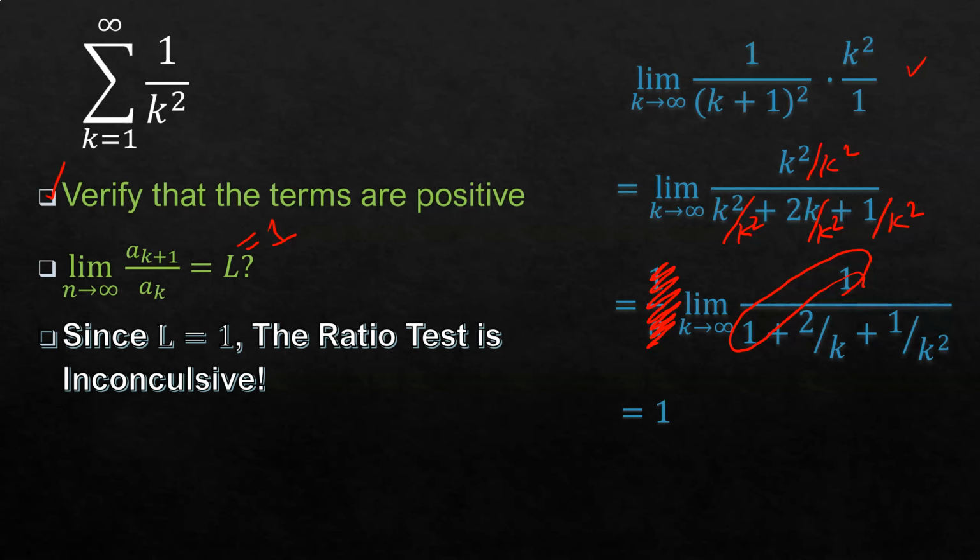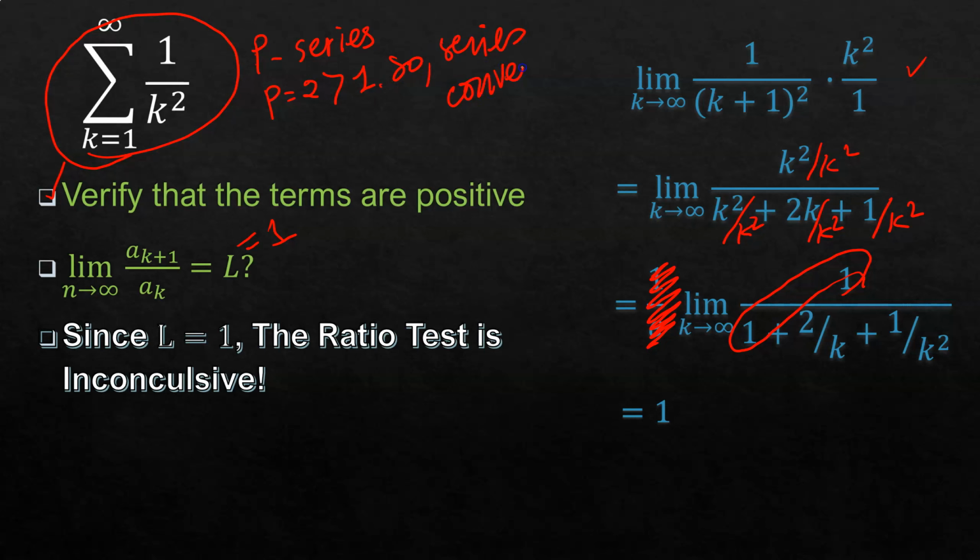Okay, but if you think about this one right here, we've seen it before. What is that? That is a p-series with p equal to 2, which is greater than 1. So the series converges, right? We know that from previous lessons.